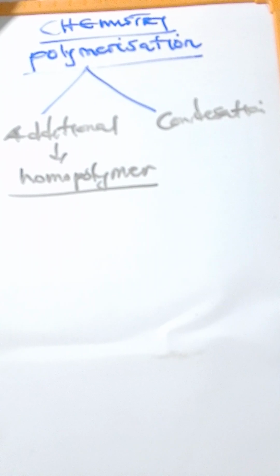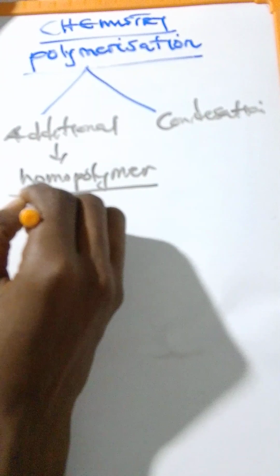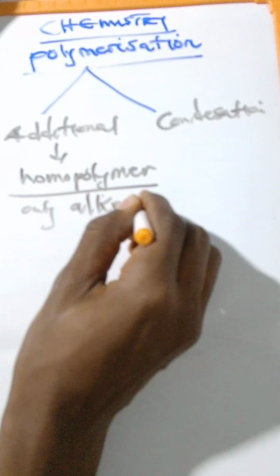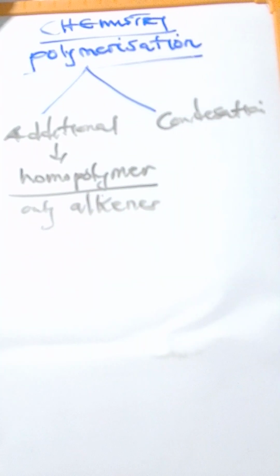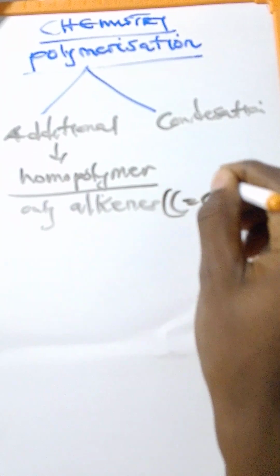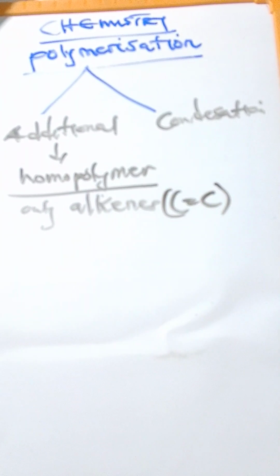In addition polymerization, only the alkenes which have double bonds are involved. No alkane can undergo addition polymerization, in the sense that alkanes are unreactive hydrocarbons, while alkenes, which are unsaturated hydrocarbons, are reactive hydrocarbons.